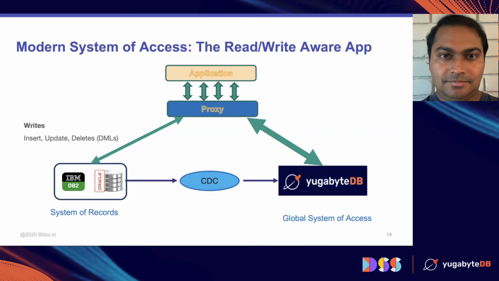If they're mutating any data, then the proxy would redirect it to the existing system of record, and based on logic, whether it has to go to Oracle or DB2 to do its job. But if they're reads and selects, naturally, that access comes to the global system of access.